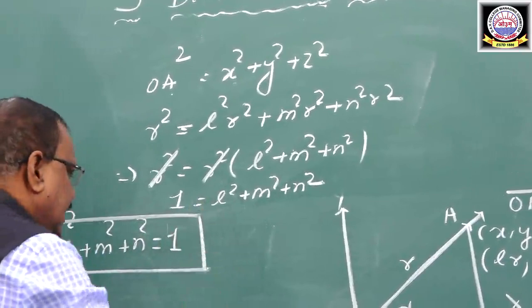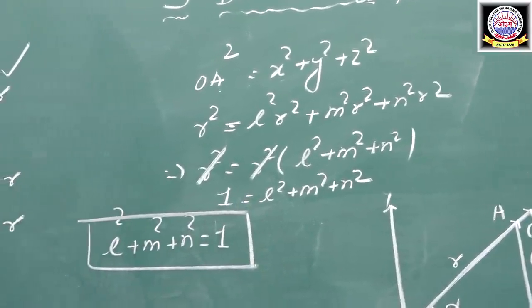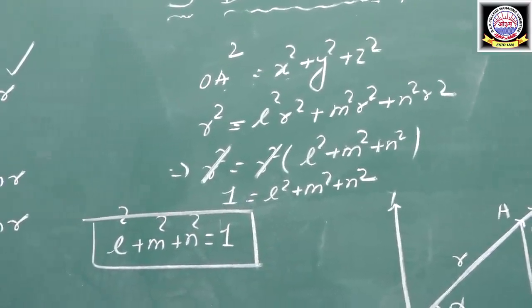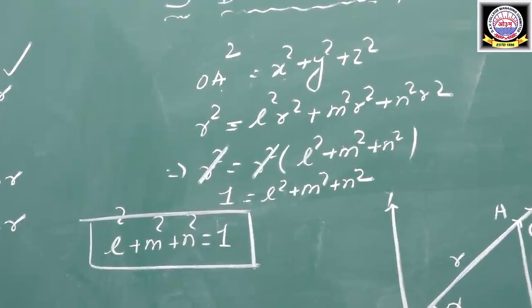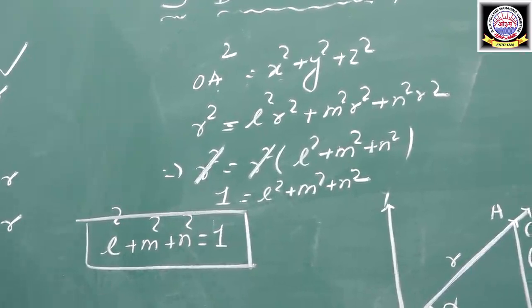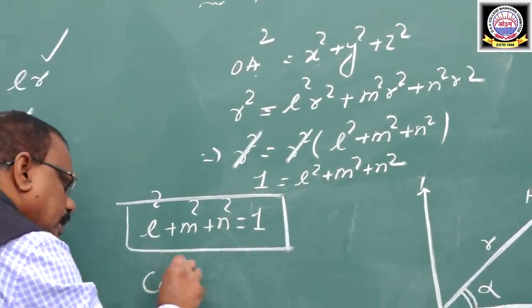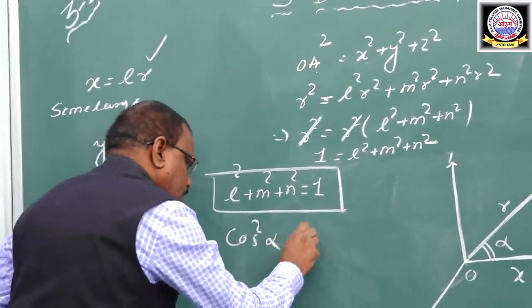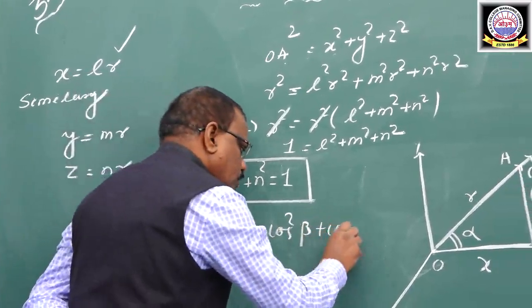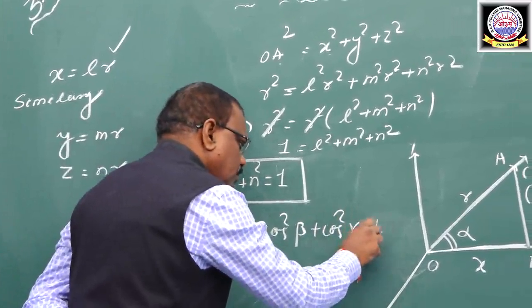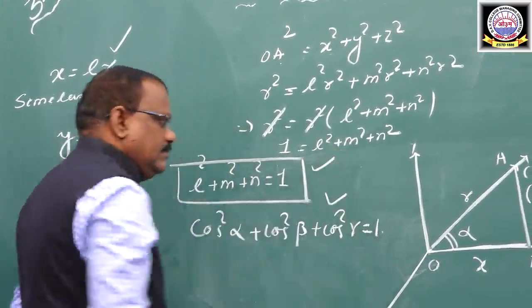In other words, if alpha, beta, gamma are the angles made by a line in space with the coordinate axis, then cos square alpha plus cos square beta plus cos square gamma is equal to 1. You remember this relation.